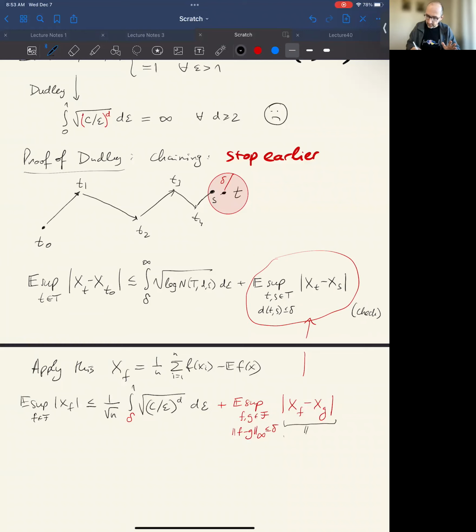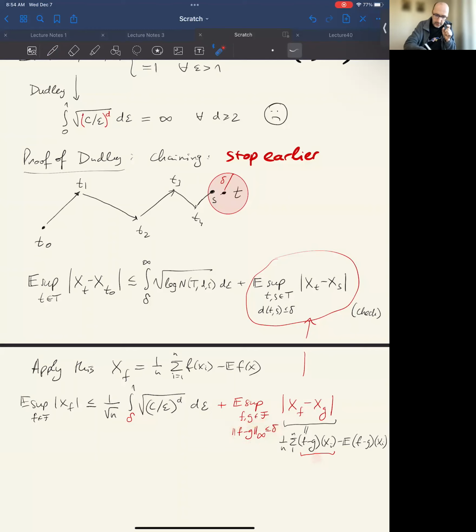So this is 1 over n sum of (f minus g)(x_i) minus the expected value of (f minus g)(x_i). Good. So f minus g is always bounded by delta.